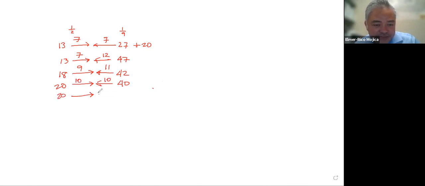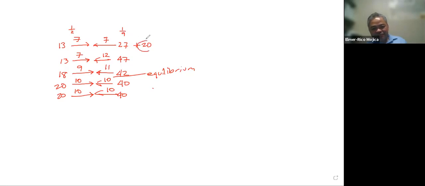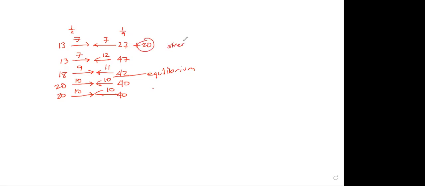So what happened? What is the system that we have here now? Equilibrium. We reached the equilibrium phase. So the plus 20 here represents what? Stress.